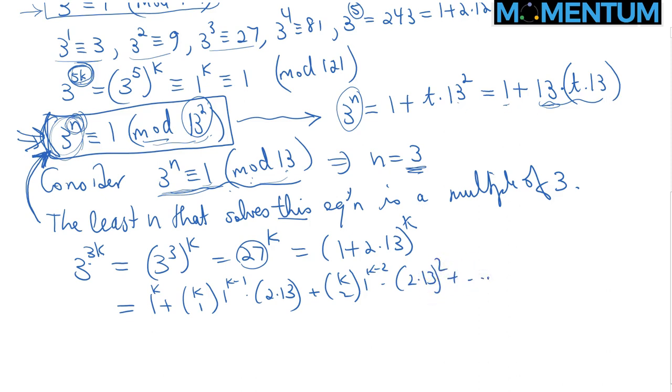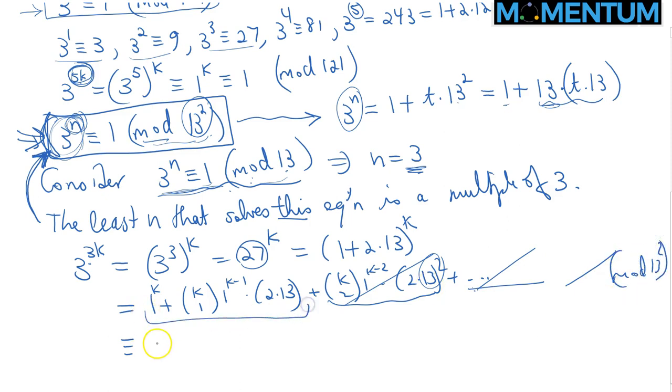But now I want to calculate this expression in mod 169, in mod 13 square. Look at this expression. It has a 13 square in it, so it vanishes. Every term afterwards will have it too, so in mod 13 square they all disappear. All that's left is the first two terms, which is 1 plus k times 2 times 13.